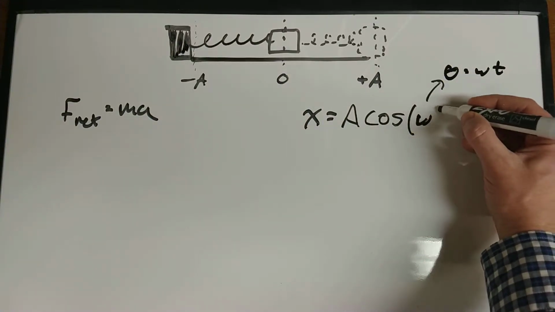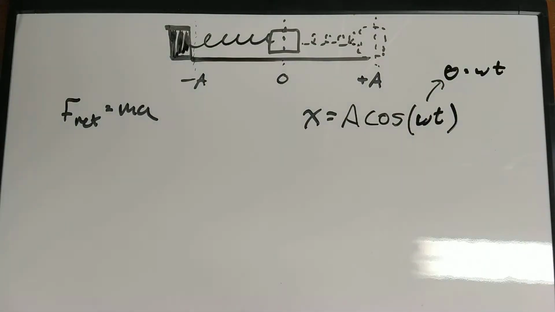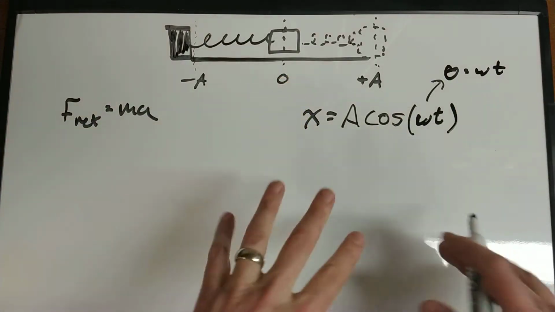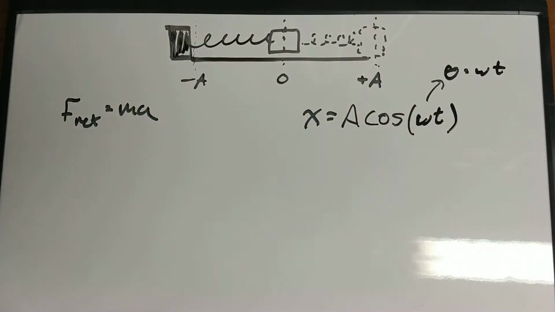So x equals A cos omega t. I'm going to go first through Newton's second law, then take a couple derivatives of this cos function, and then see how things fare and make some inferences about the frequency of oscillation.